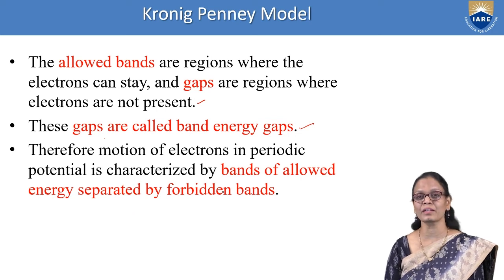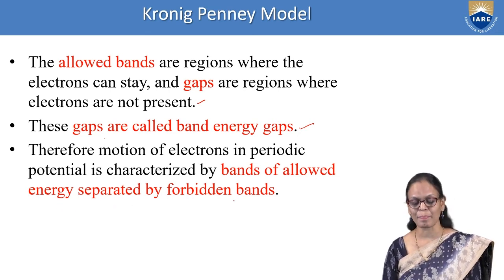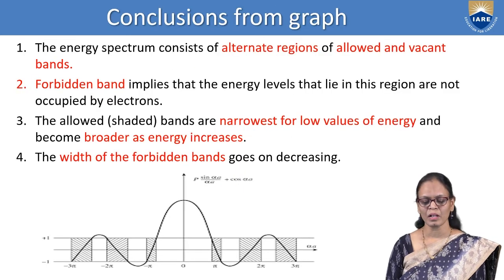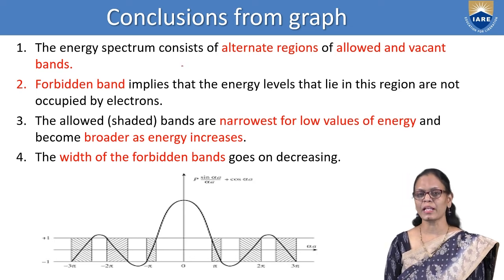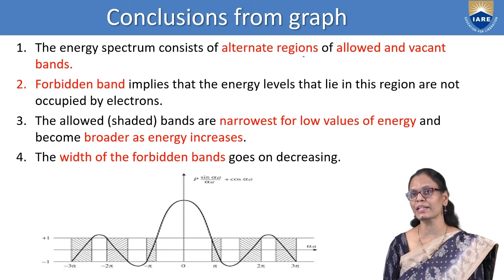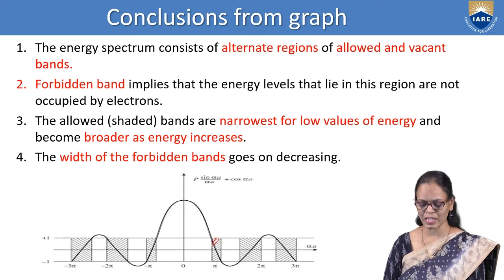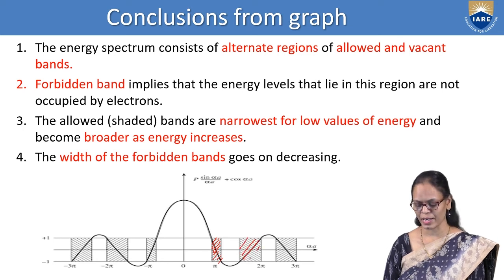This is how we come into the band theory. Now, what conclusions do we draw from this graph? The energy spectrum consists of alternate regions of allowed and vacant bands. If you see these shaded regions, they are all allowed.